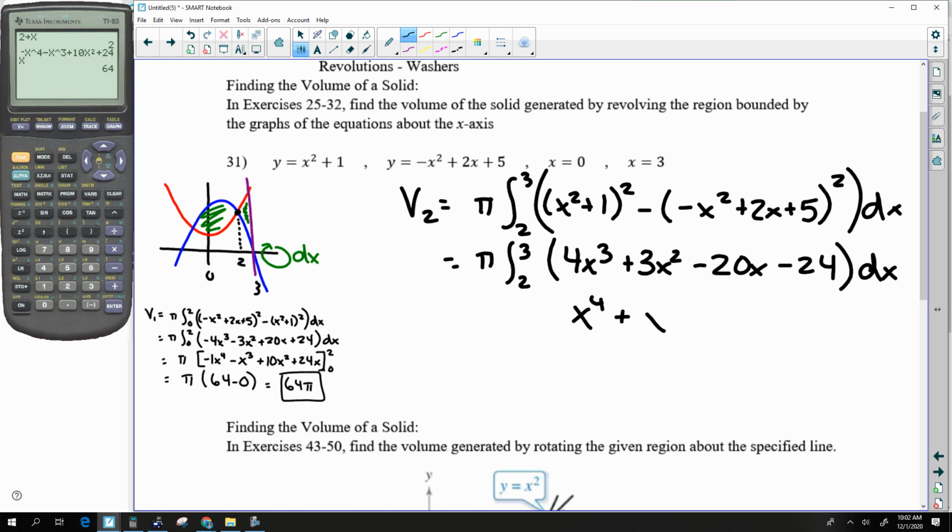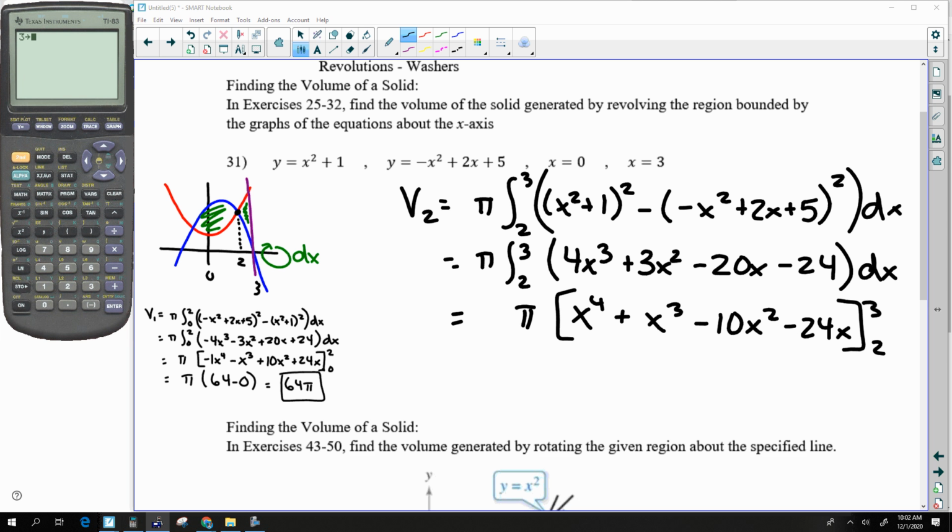So x to the fourth, x to the third, 10x squared, and 24x. This is going from 2 to 3. Okay, so we start this off with the 3.